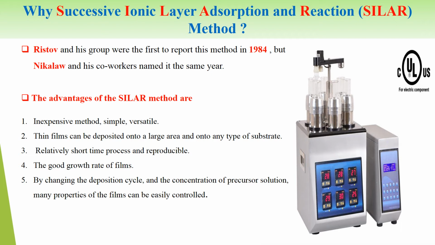The thin films can be deposited on a large area onto any type of substrate. A relatively short process time. A good growth rate of the film by changing the deposition cycle and the concentration of the precursor solution. Many properties of these films can be easily controlled.